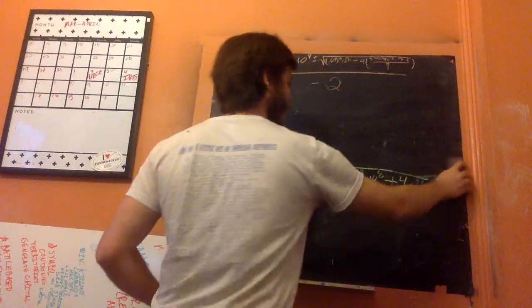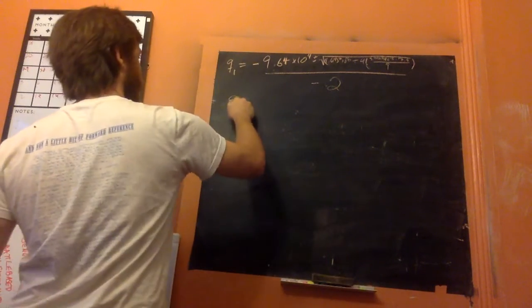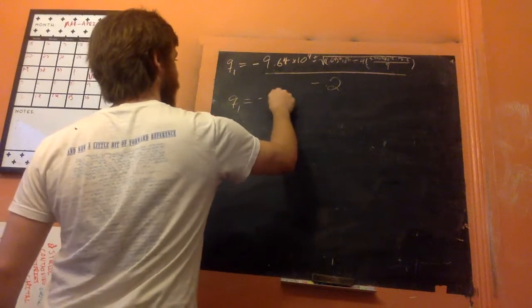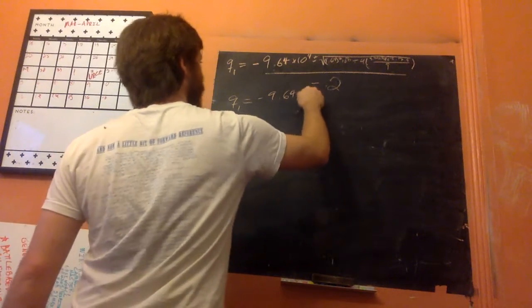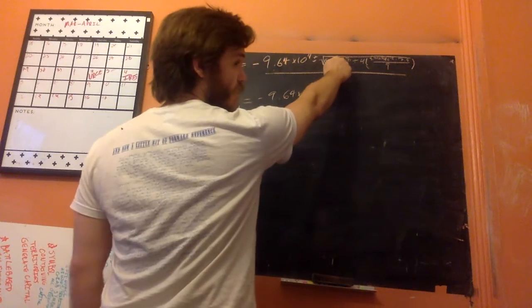So let's start by, I'll walk us down to the last step that I can without a calculator. We've got Q1 equals negative 9.64 times 10 to the negative 4 plus or minus, and then I'll pull this 10 to the negative 8 out.